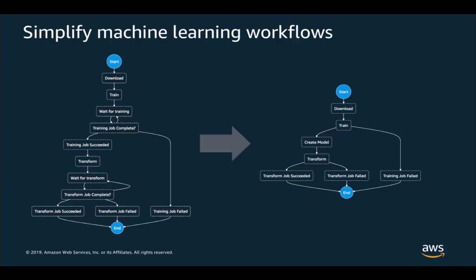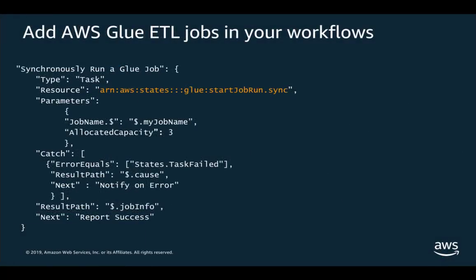Is this asynchronous? No, we want to download, train. If training failed, okay, then that's the end. If training succeeded, then create the model and predict with it, etc., etc. Okay, so obviously the workflow on the right is much easier to understand than the workflow on the left. And this is how you would do this.